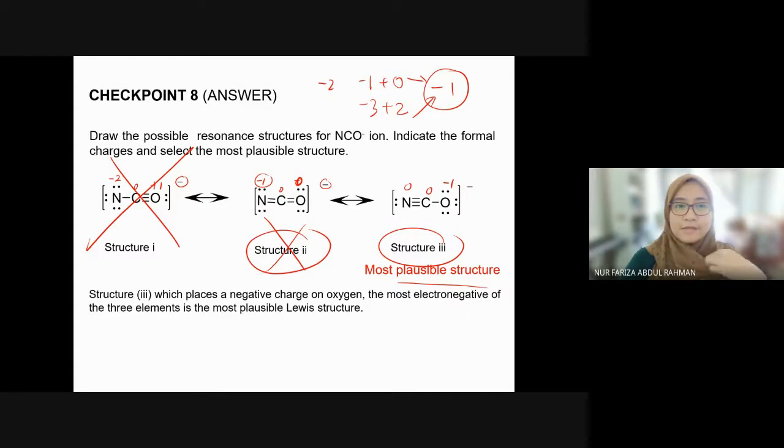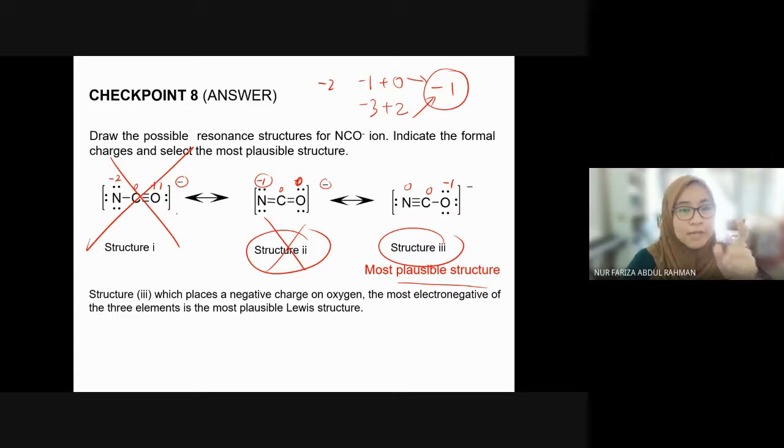Faham tak? Okay, faham. Yang tu memang basic lah, maksudnya you dah kira the formal charge. You kena make sure, kadang-kadang kita silap sendiri, kita calculate, tersalah pula formal charge kita tu. Okay, macam mana kita nak check whether the formal charges that we have calculated just now is correct ataupun wrong.